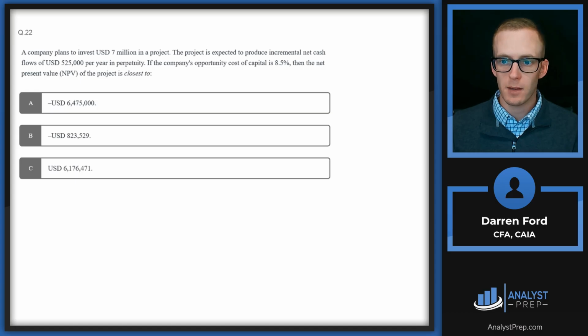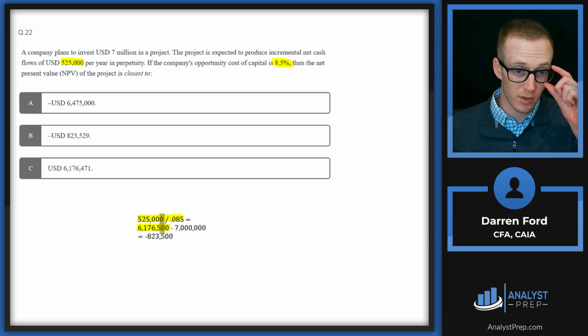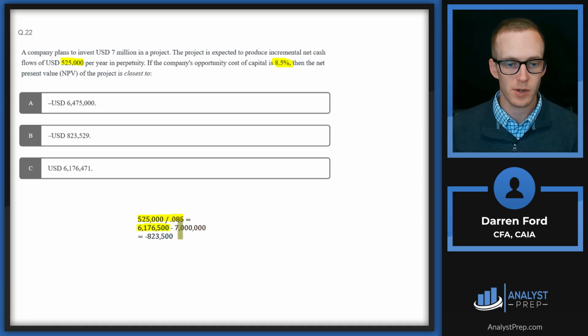So for a perpetuity, or a project that spits off cash in perpetuity, to value that, we take the cash flow and we divide by cost of capital, so 8.5%. That gives us a little over 6 million, so 6,176,500.